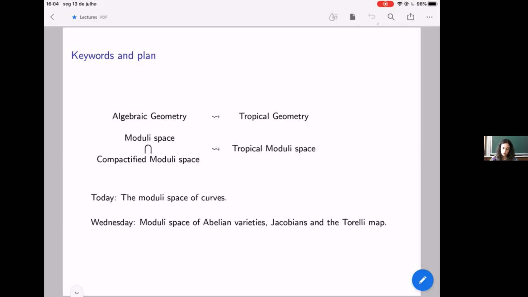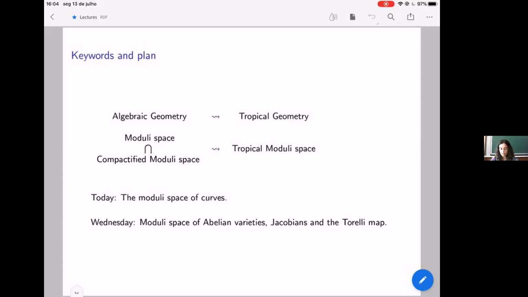I got into tropical geometry by trying to understand how tropical geometry can help on understanding degeneration data, which we try to parameterize when we deal with a compactification of a moduli space.